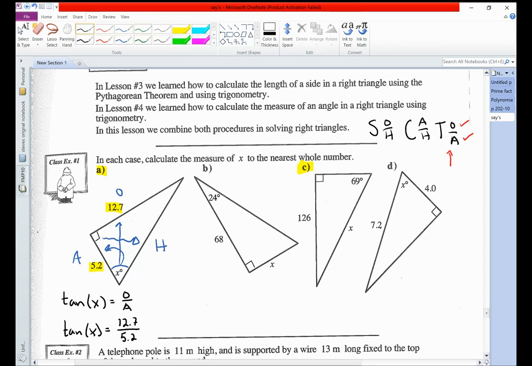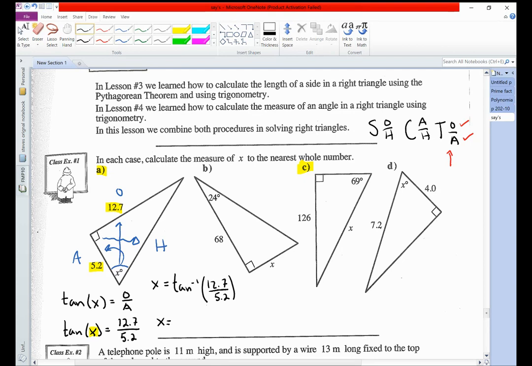Now, when I'm looking to solve for an angle, I want to use my inverse functions. So that angle x is going to equal inverse tan. Remember, we use our second function or shift to get there, of 12.7 divided by 5.2.